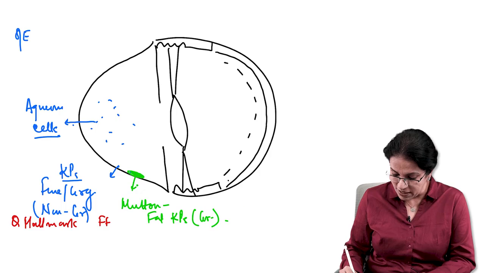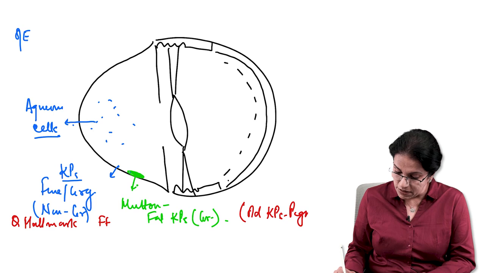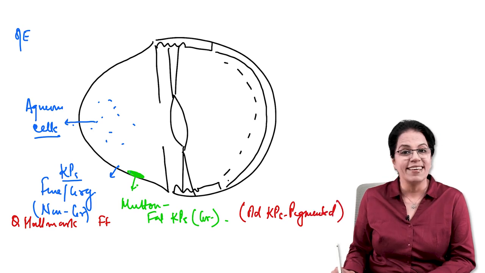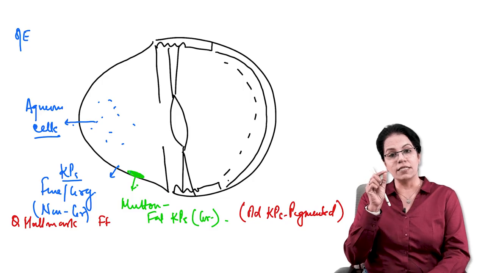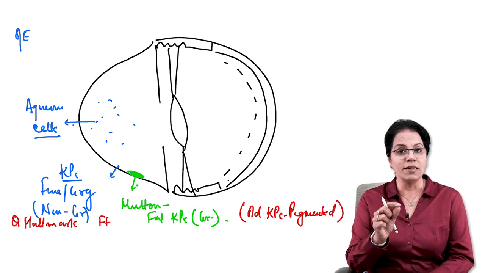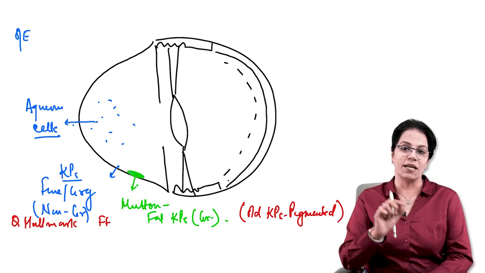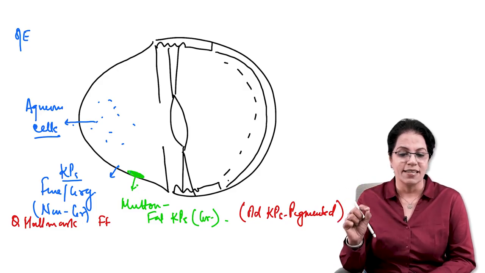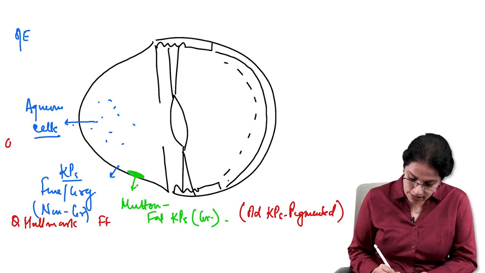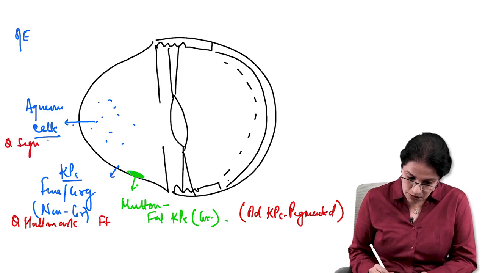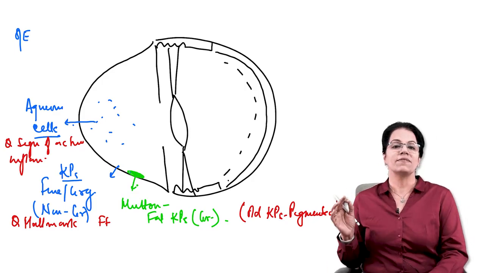The old KPs are typically pigmented, even if the inflammation has subsided. But even if there is a single cell in the aqueous humor, it's a sign of active inflammation. That means inflammation is active. Got it? So make a cue, it's a sign of active inflammation.